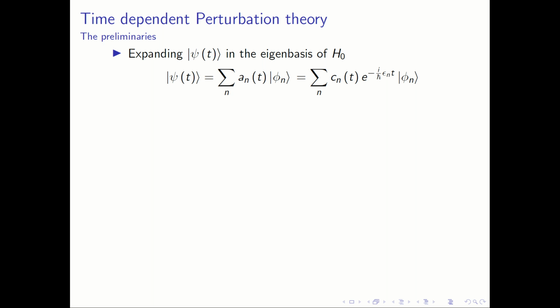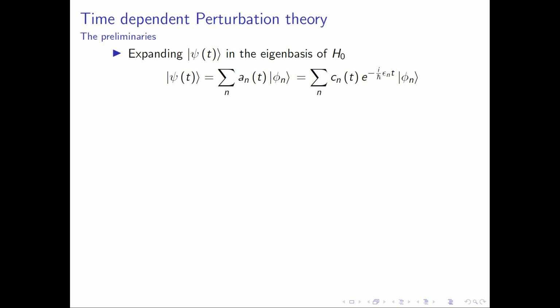So this form that we have written down essentially takes into account the time evolution which the state would have had if H0 been the entire Hamiltonian. In that case, the c_n(t)s would have been just constants c_n, one for each phi_n of course, but they would have been constants in time.